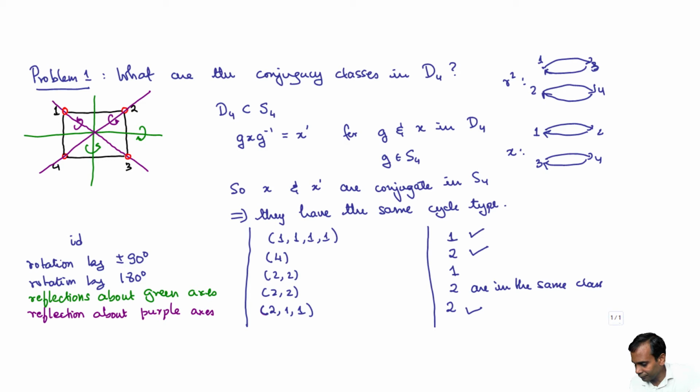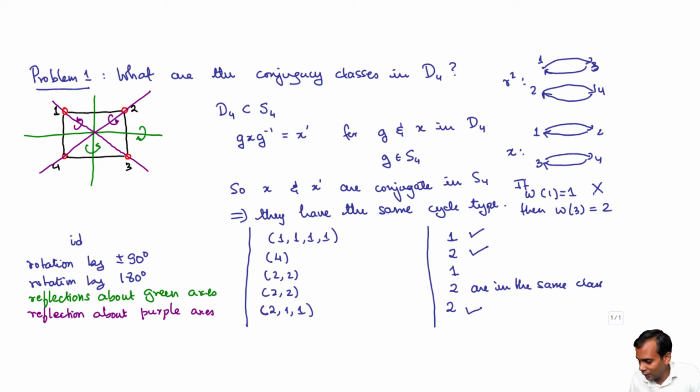If a permutation W conjugates them, then it must take the cycles of r squared to the cycles of X. So if W of 1 is equal to 1, then we must have W of 3 equal to 2. But 1 is not adjacent to 3, while 1 is adjacent to 2. So no element of D4 can do this.